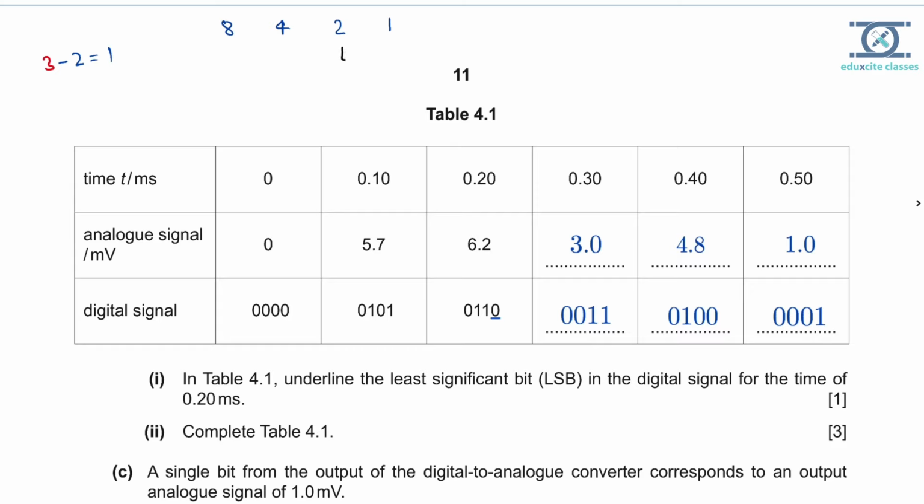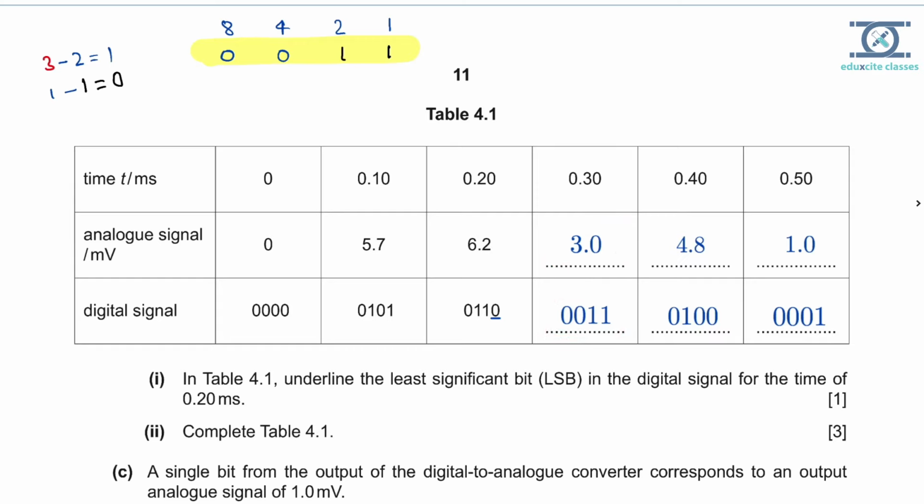Now 1 is left, so 1 will be subtracted by the next number, that is again 1. So 1 minus 1, again it is getting subtracted and we are getting 0. So we will write 1 again here. The rest of the columns will be 0, 0. So we will get 0, 0, 1, 1 as the digital conversion of the signal having the value 3.